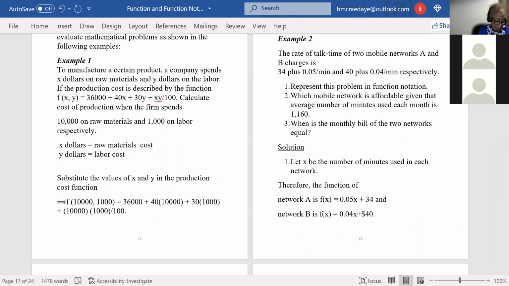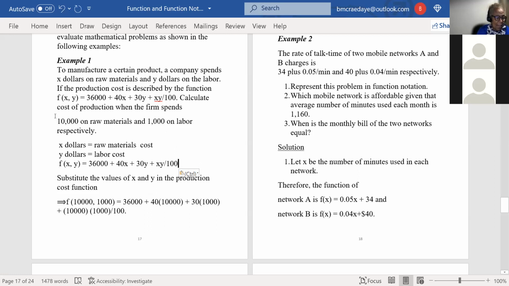Okay, so this is our function. The function of the X dollars, that's the raw material cost, and the Y dollars, the labor cost, is equal to a formula that says 36,000 plus 40 times X plus 30 times Y plus XY over 100.